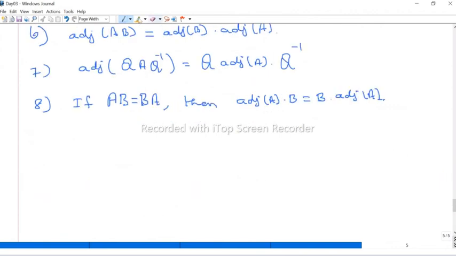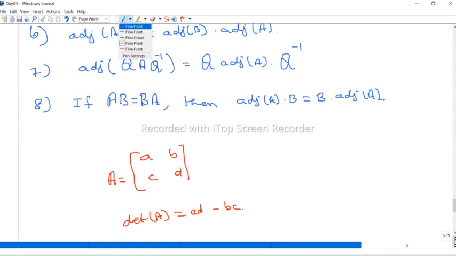Maybe sometimes they will ask this. Suppose you take a 2 by 2 matrix with entries A, B, C, D. We know the determinant is the number AD minus BC. But geometrically, what does this determinant represent? It is the area of a parallelogram.